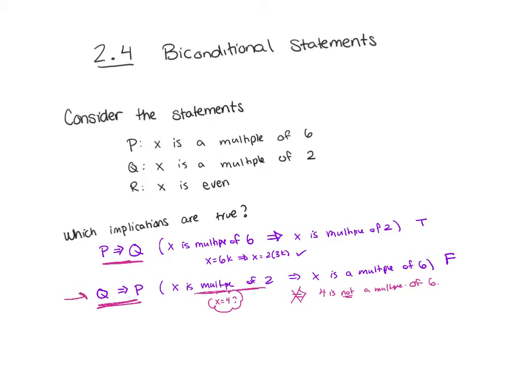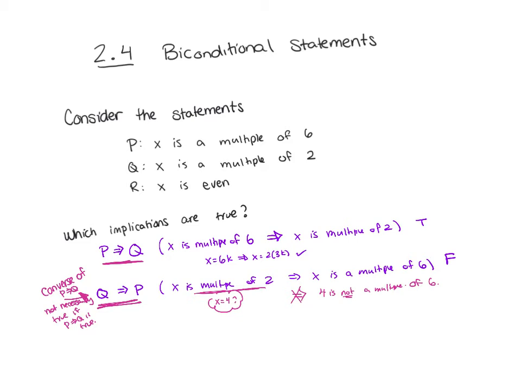So this is called the converse of P implies Q, and it's not necessarily true if P implies Q is true.